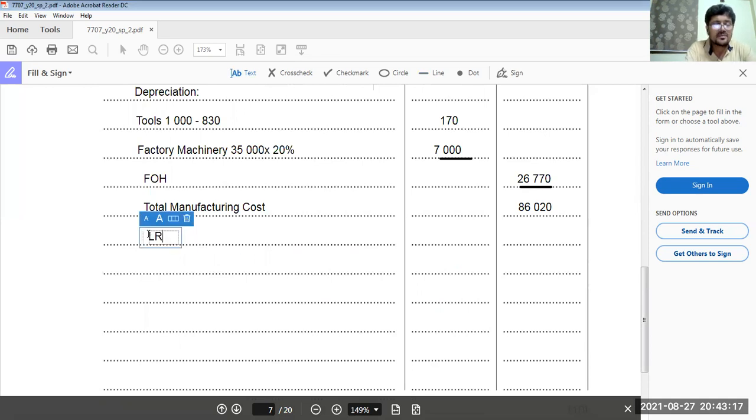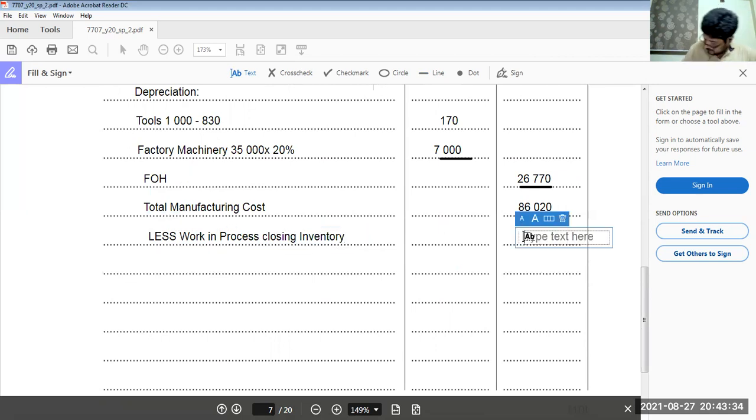Less closing inventory. That was given. We'll write it in brackets. How much? 2,820. Write it in brackets.